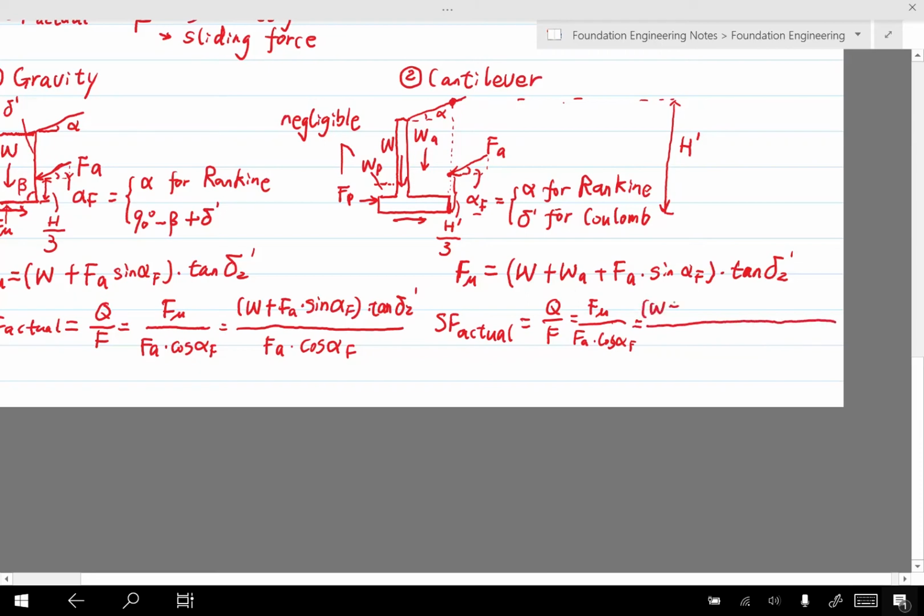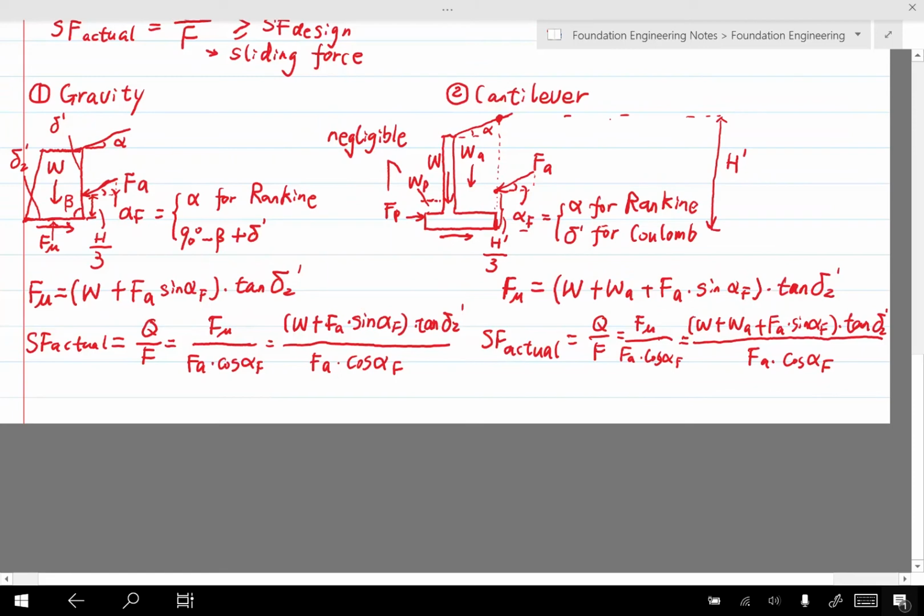We'll get W plus WA plus FA sine alpha F, this quantity times the tangent of delta 2 prime. Then the denominator is FA times cosine alpha F. So this is how to calculate the stability of the gravity retaining wall and the cantilever wall against sliding.